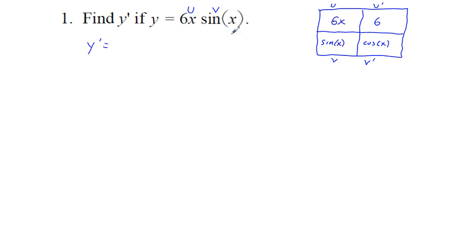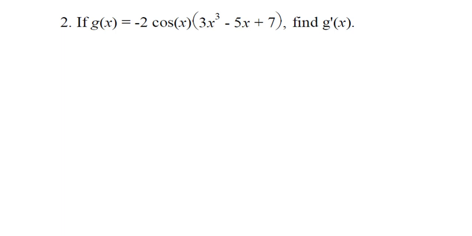So y prime is going to be uv prime, so it's 6x times cosine x, plus vu prime, which is 6 times sine x. We could factor out a 6 in this equation, but no need to do that. We're just going to call this a solution to our problem and go on to problem number 2.